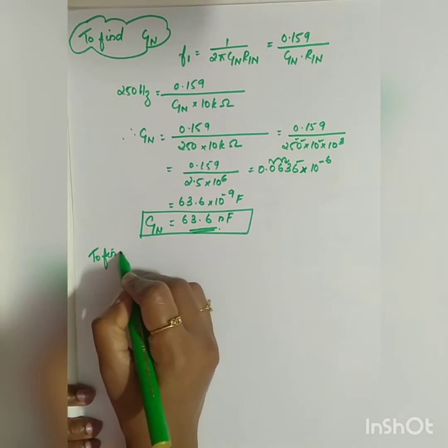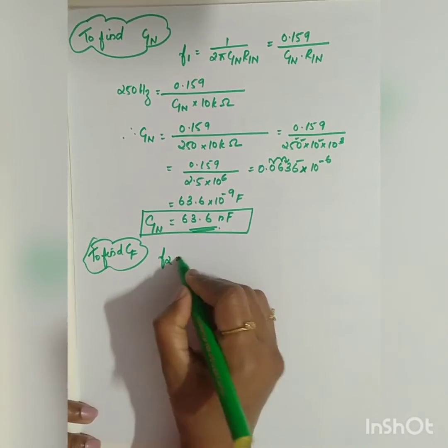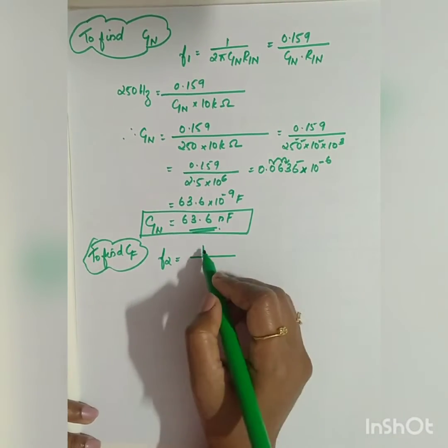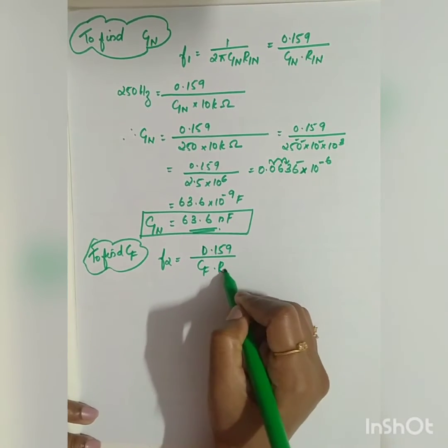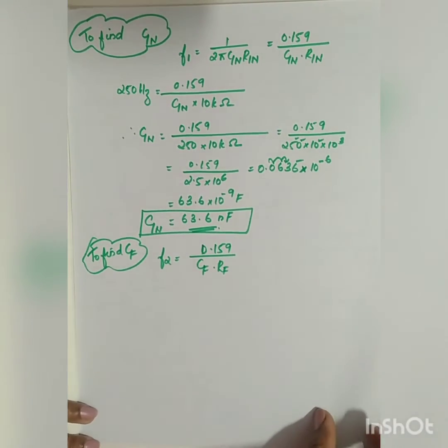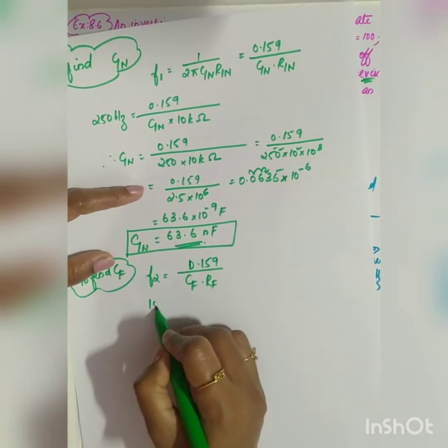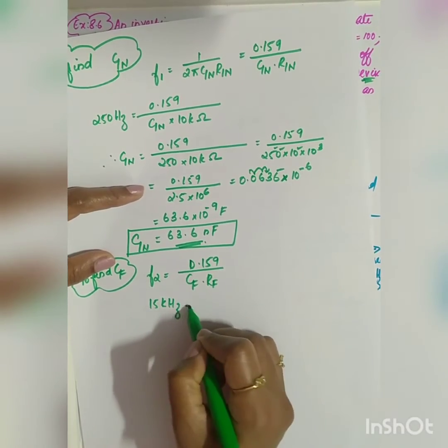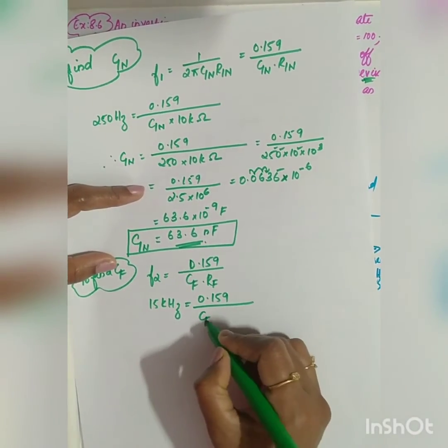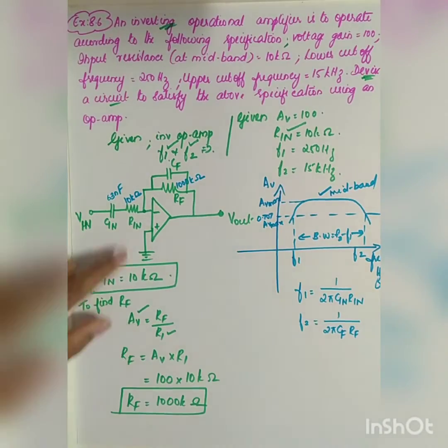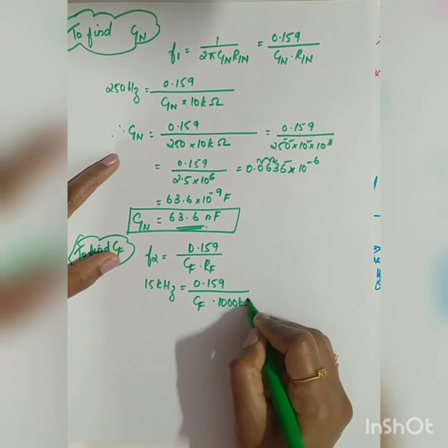Now only one value is remaining, that is the value for CF. To find CF, the same formula: F2 is equal to 1 by 2 pi CF RF, so 0.159 over CF into RF. What is your F2 value? F2 is equal to 15 kilohertz, which is equal to 0.159 divided by CF into RF, which is 1000 kilo ohm.